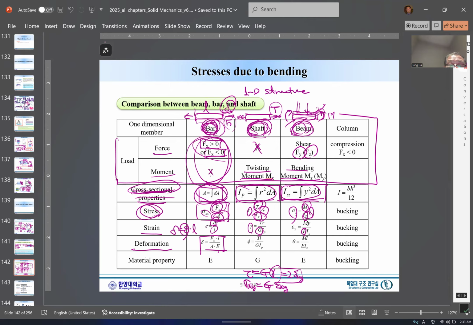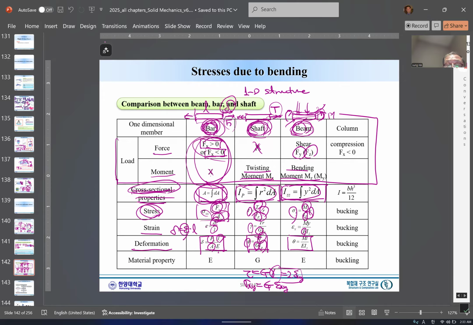For the torsion, when we have a torque, this will twist. Exactly the same: the twisting angle will be given by the torque times the length L, divided by the shear material property and the cross-sectional property.